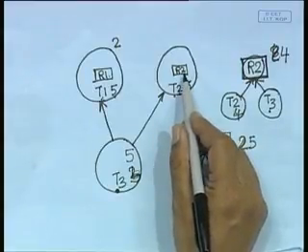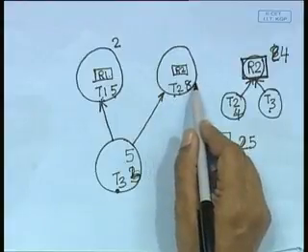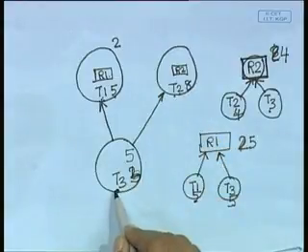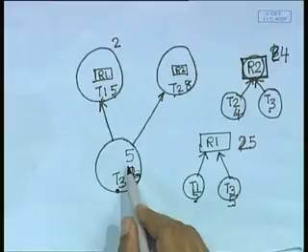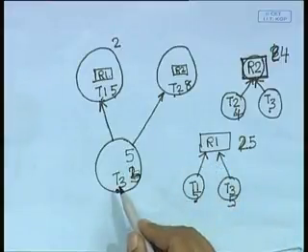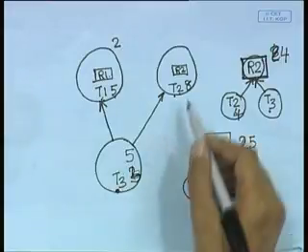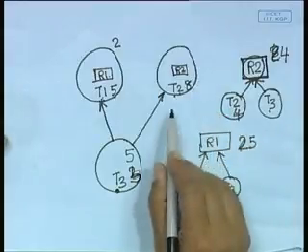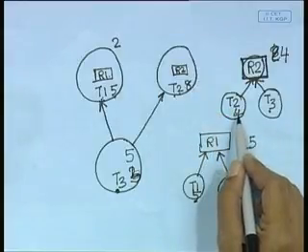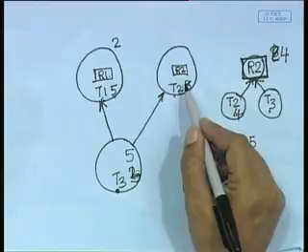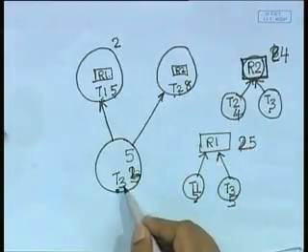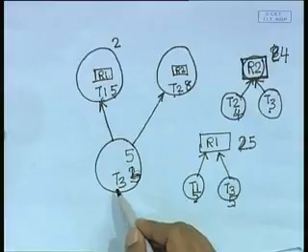It would have acquired R2 and then it will complete, because T3's priority is 5. So, T3 cannot execute. 4 is a higher priority, so T2 would complete before T3 can get a chance to execute.